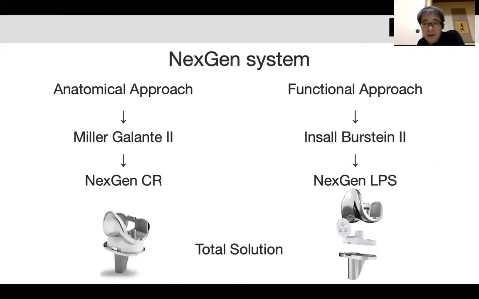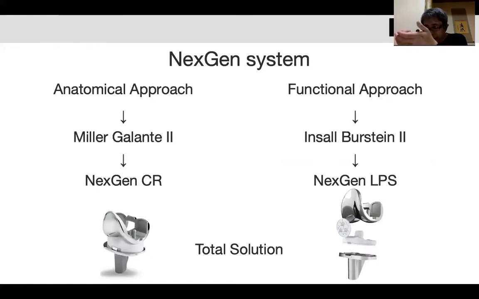In contrast, the functional approach destroys everything: we cut the bone and cut the ligament, then reconstruct the motion and the shape. We call it guided motion. So the shape of the polyethylene and femoral component surface and the post-cam mechanics decide everything, decide the kinematics.